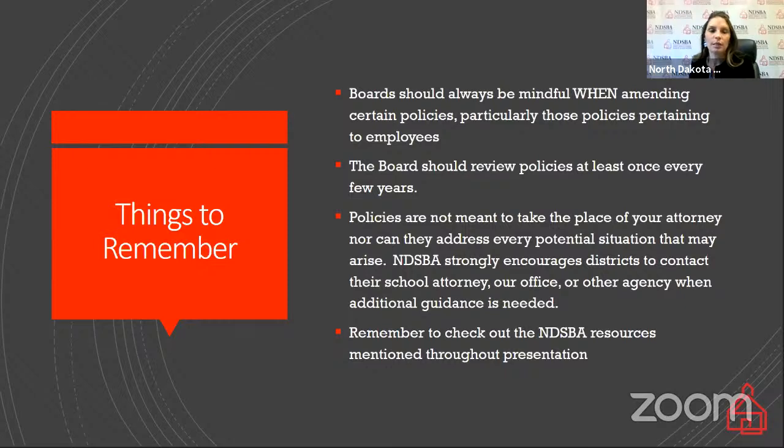Another thing to remember is that the board should review their policies at least once every few years. The superintendent is generally the individual responsible for developing a system of periodic review. The superintendent should also promptly notify the board when policies are out of date or in need of revision.